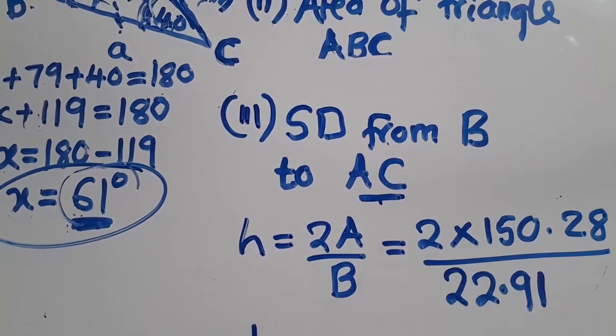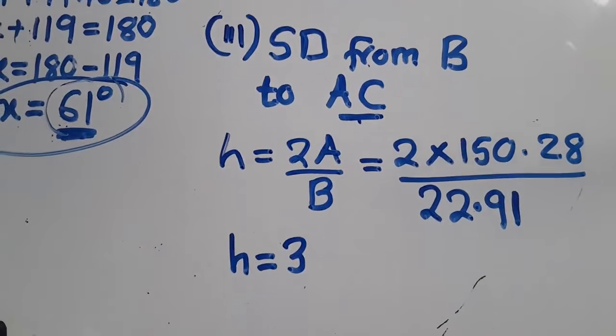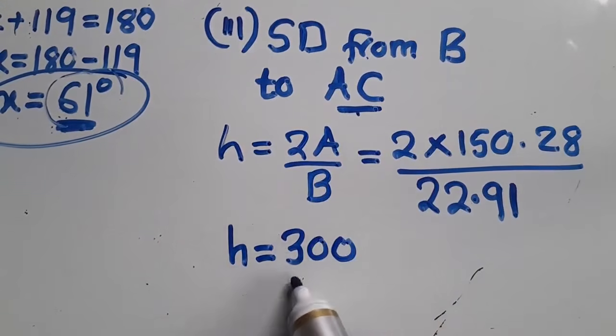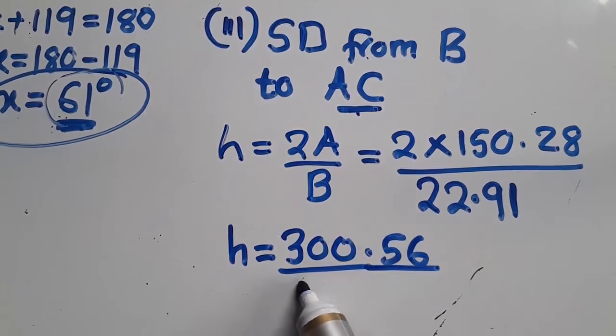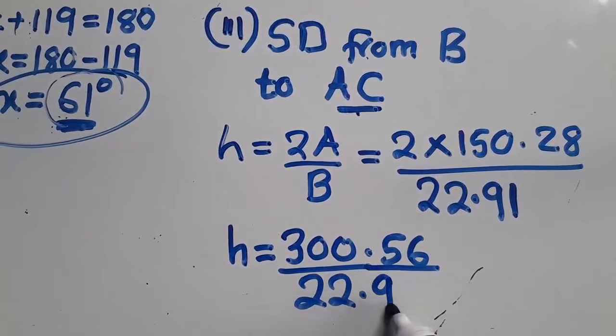So you do your calculations there. You say 2 times 150.28. What answer are you getting? You are getting 300.56, over 22.91. Then you divide 300.56 by 22.91.